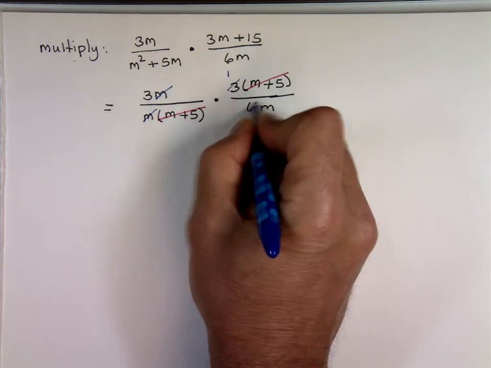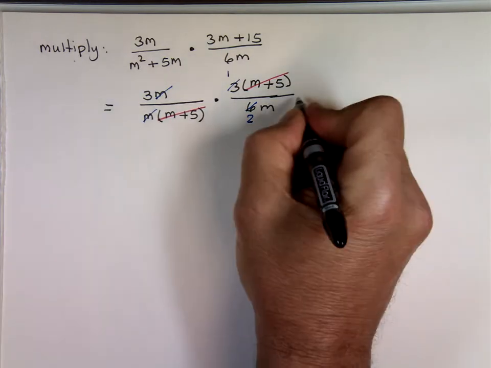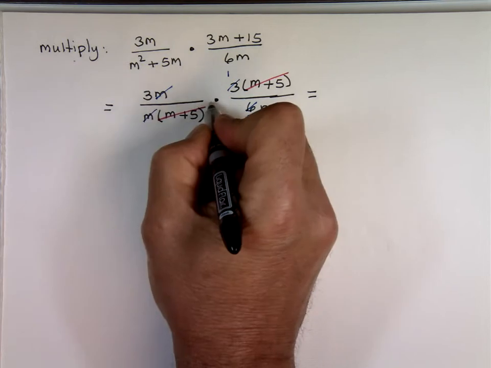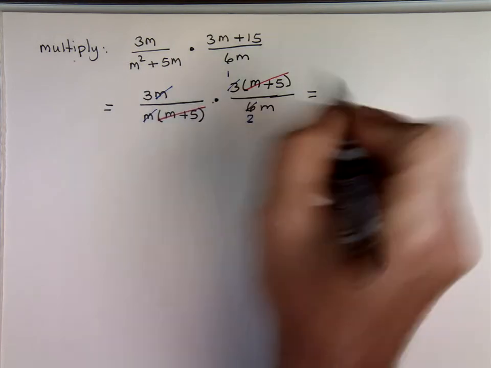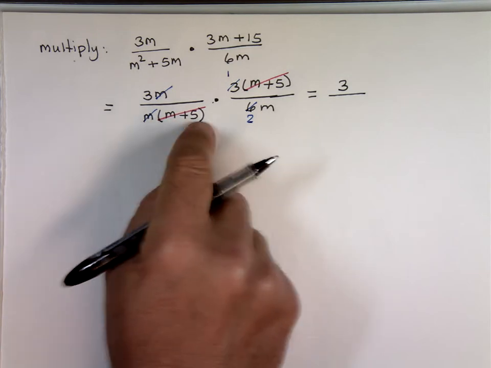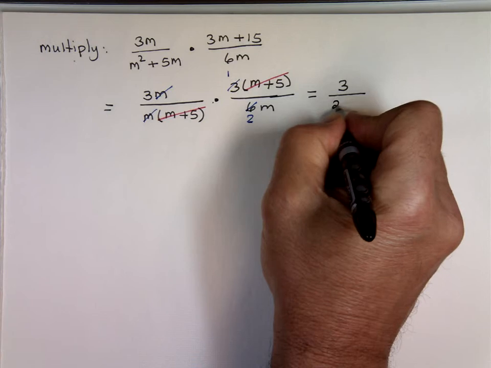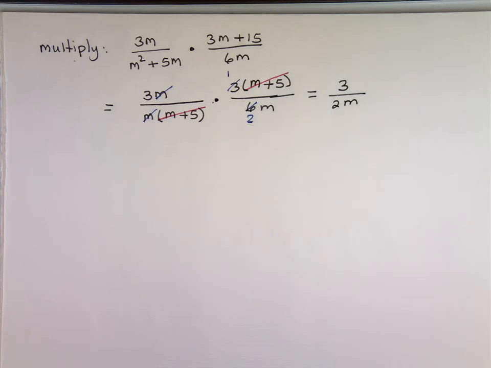By 3, this is 2. So let's look and see what's left there. 3 times 1, which is 3. On the bottom, all of this is gone. What's left? The 2 and the m. 3 over 2m.